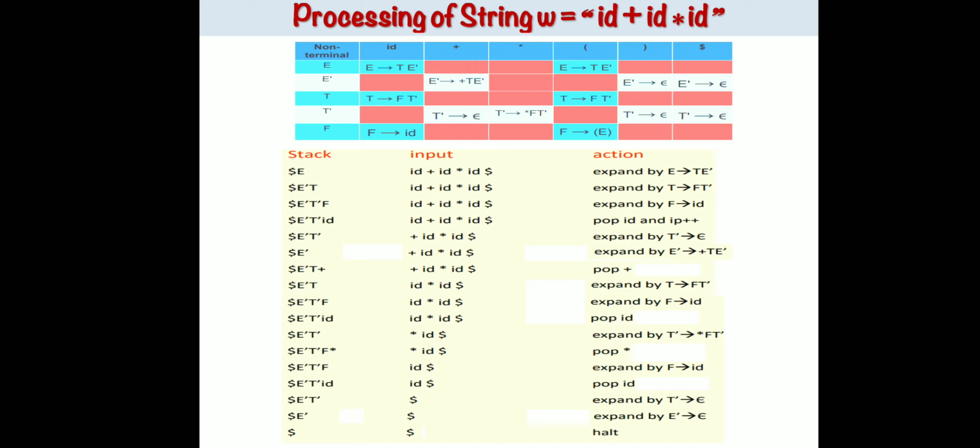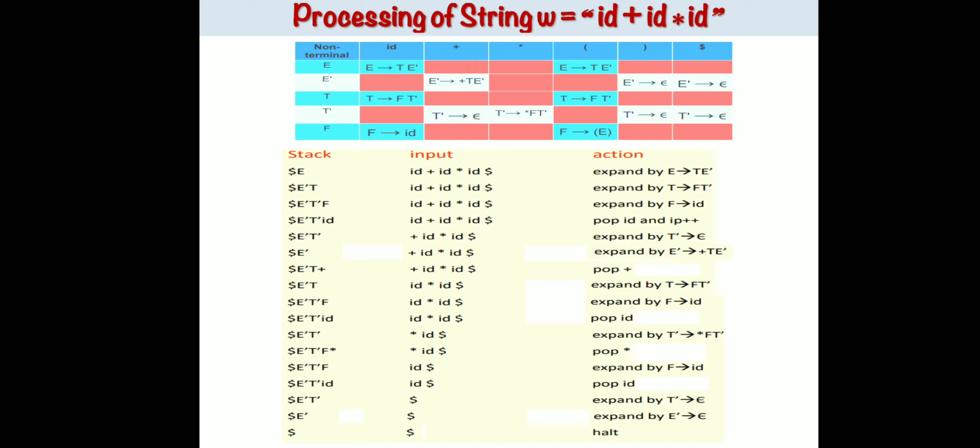If I get id in the stack portion, and id in the input portion, then both will be popped out. What I told is that if two terminals match in the stack and in the input, then they will be popped. Means if there is id in the stack and id in the input, it will be popped.